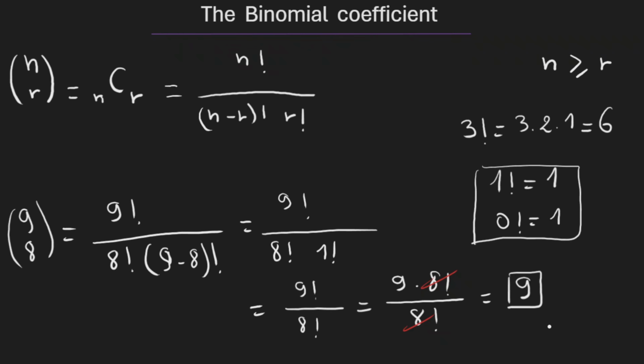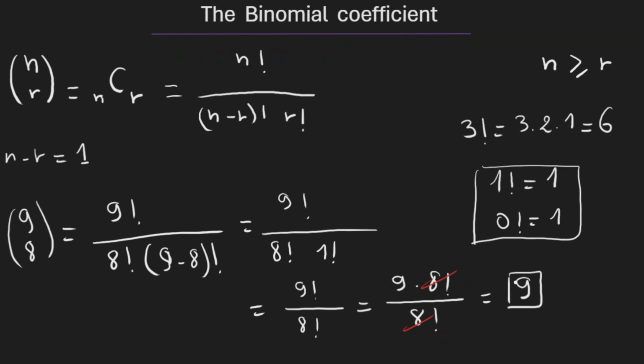Did you notice something? The value here is the same as the value of n, which means whenever n is above r by 1 unit, so n minus r is equal to 1, the final answer is always the same value as n.